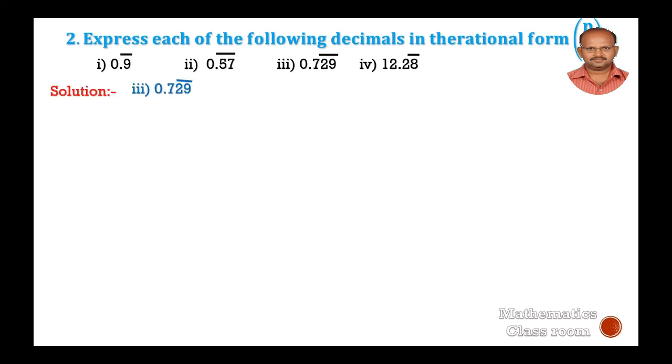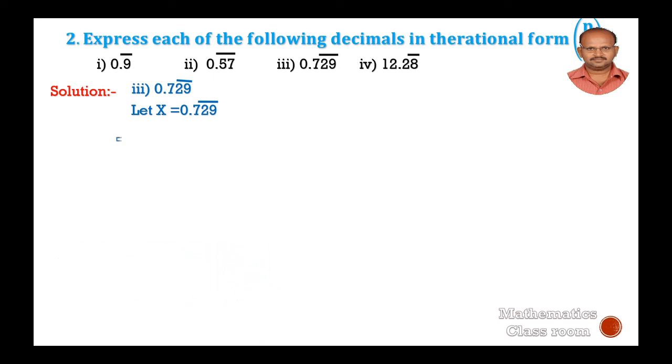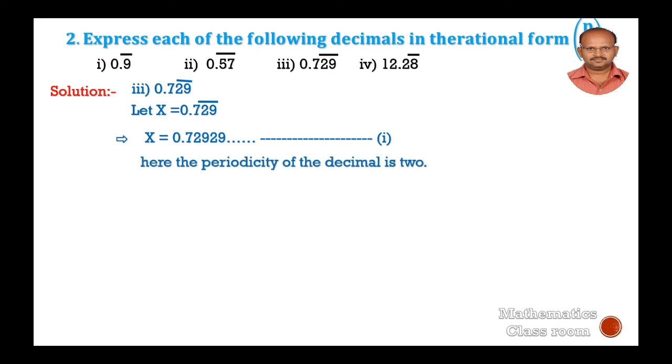Then the third question, let x be 0.729 bar on 29. x is equal to 0.72929 and so on. It is equation number 1. Here the periodicity of the decimal is 2.